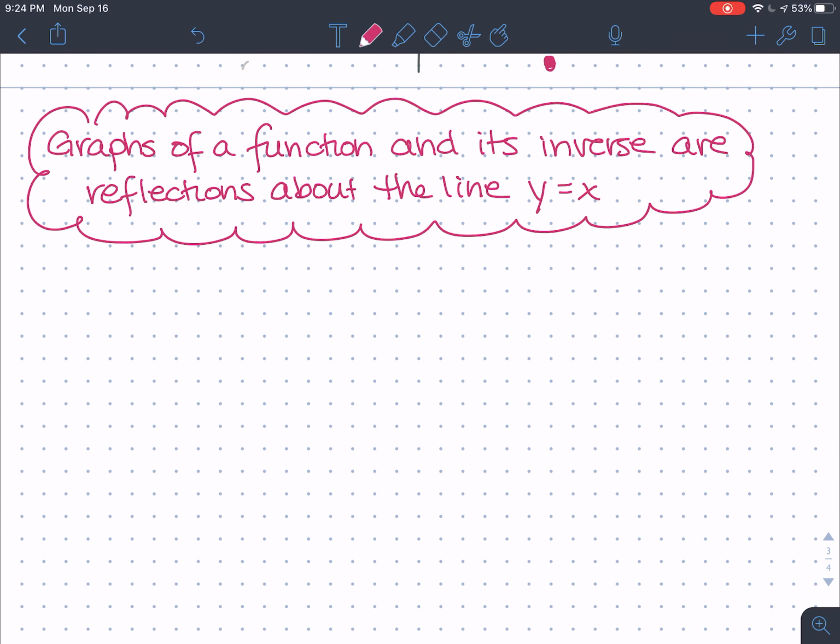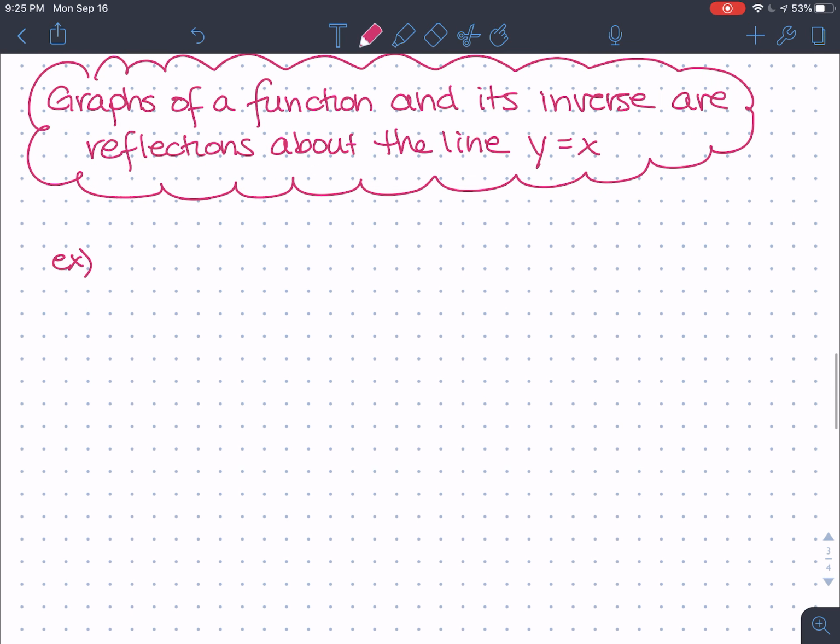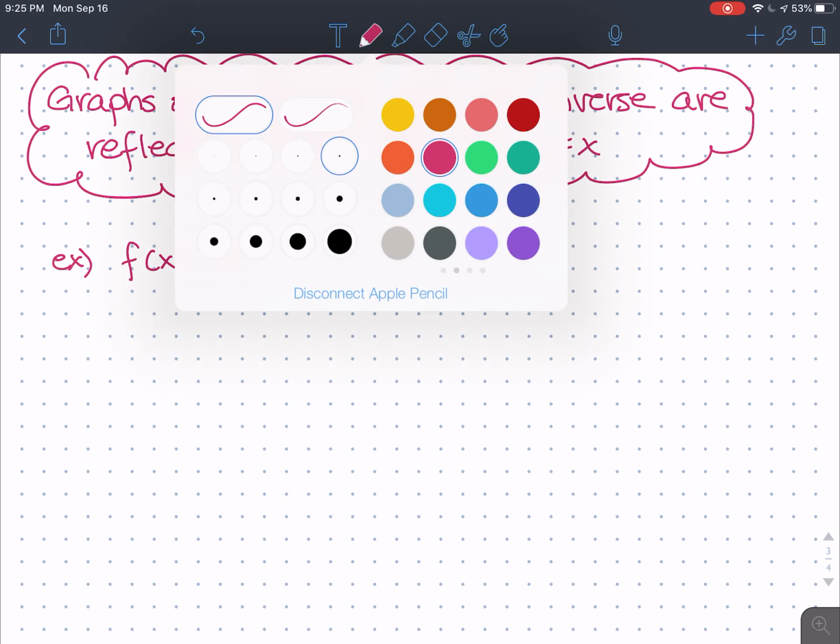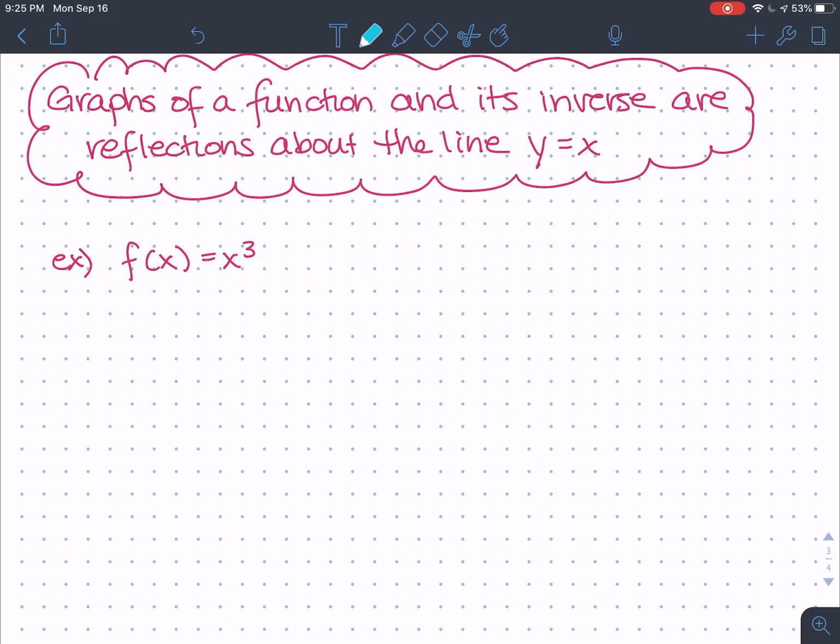Now I want to take a look at a couple that we should be pretty familiar with. So let's look at this example. If we have f of x equals x cubed, we know the inverse of cubing, something that undoes cubing, is cube root.